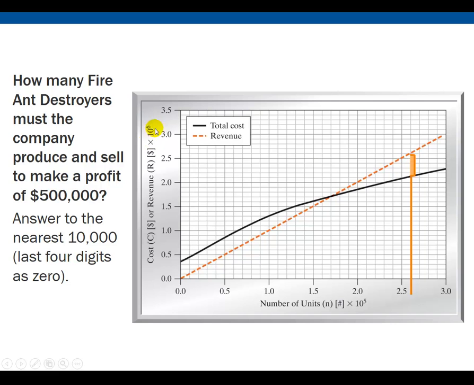You can see it's dollars times 10 to the 6th, and this is a 0.5 increment. So this is $500,000. So we have to sell 260,000 units. Then the difference between cost and revenue is 500,000.